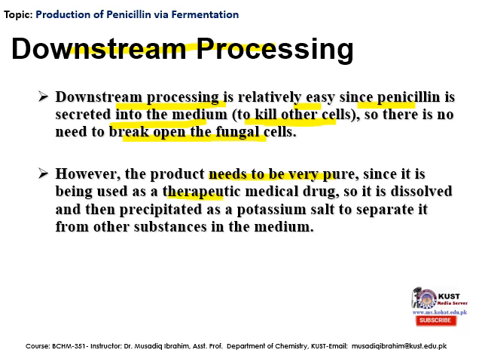So what is carried out is that within the fermentation tank, all the penicillin along with the liquid medium is dissolved and then precipitated as potassium salt. The purpose is to separate it from the other substances in the medium.